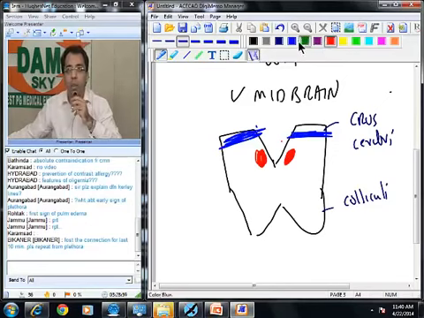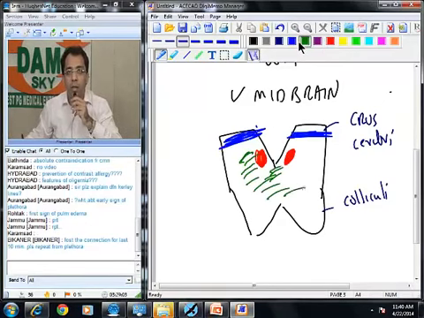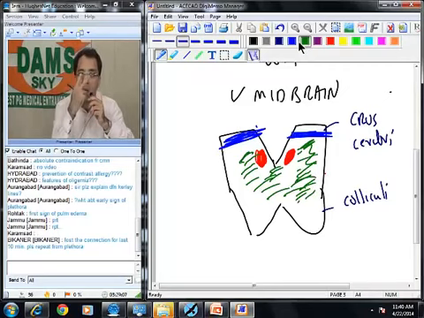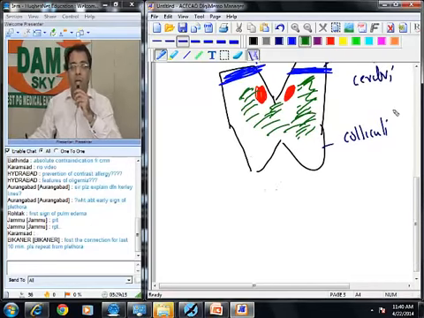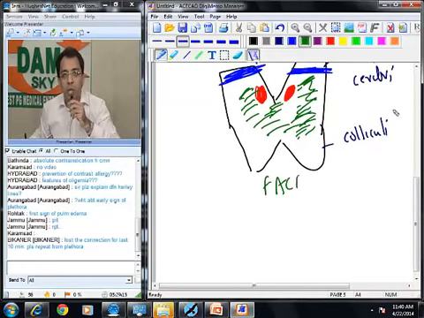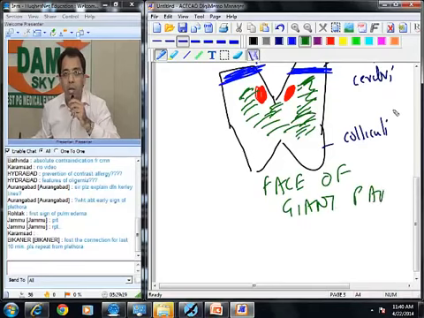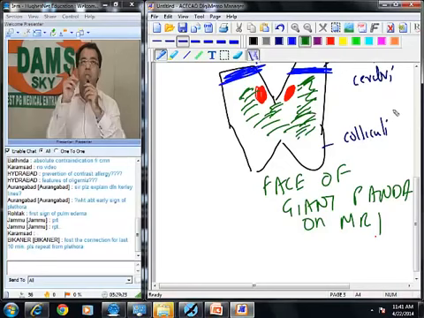So what will you see on MRI? Entire midbrain is involved. But the red nuclei are not involved. They look like eyes. And this entire thing looks like a face. So what do we call it? Face of giant panda appearance on MRI is seen in Wilson's disease.